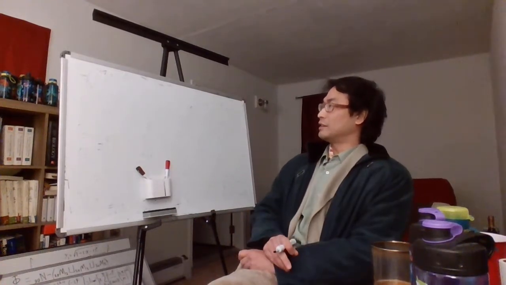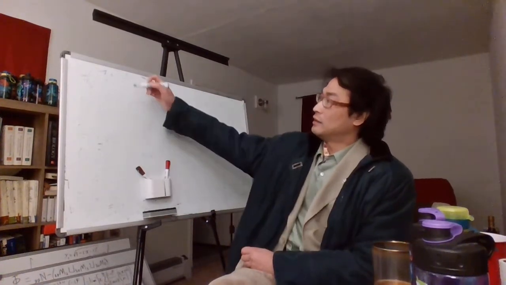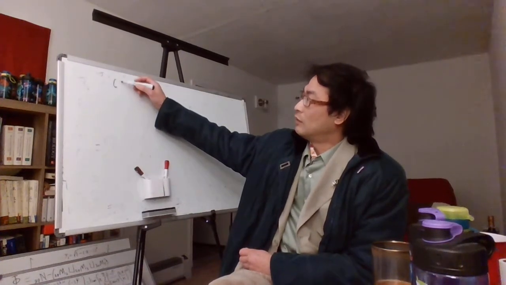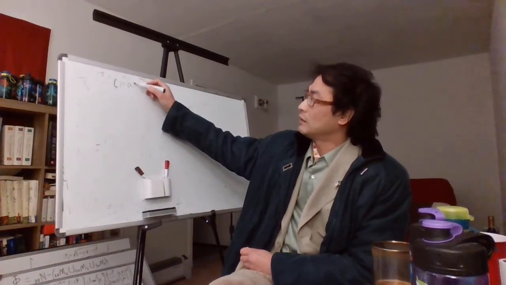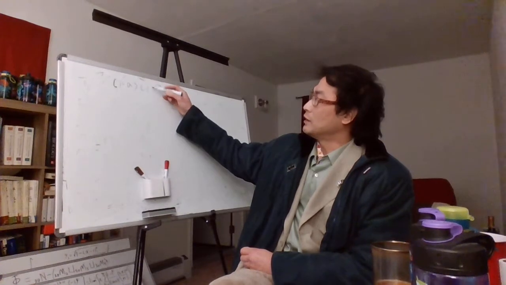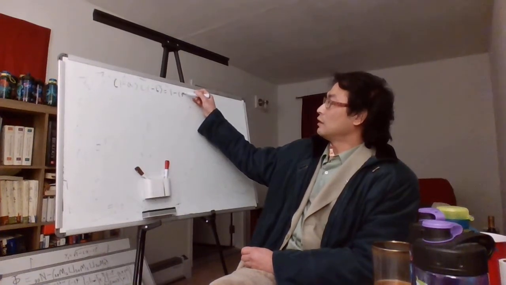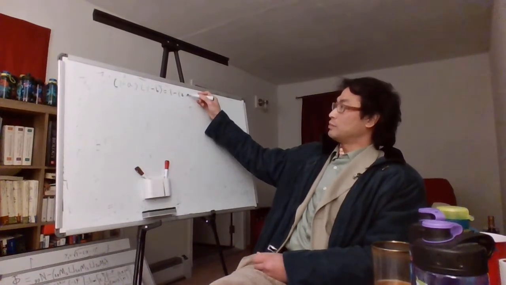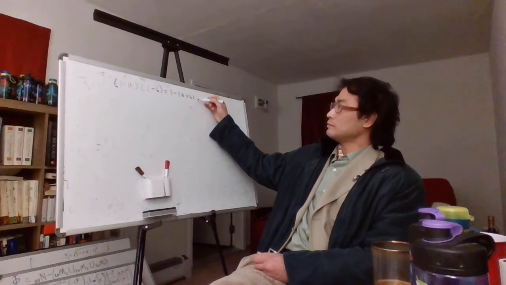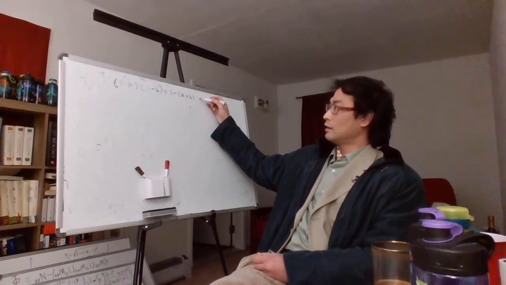Before we factor it, let's just distribute it. All right. So 1 minus a, 1 minus b, gives 1 minus a plus b, plus ab. Right? Yeah.